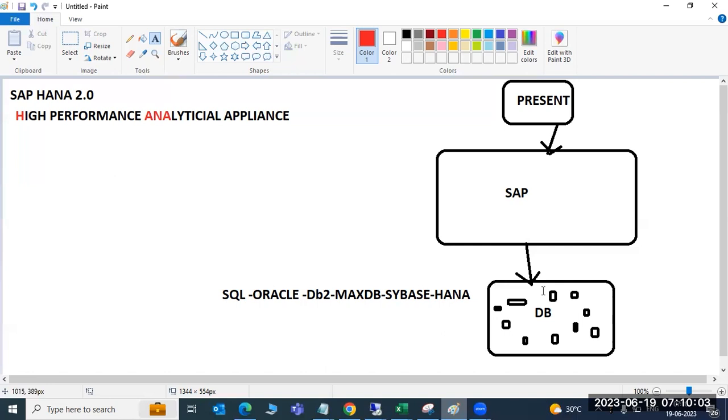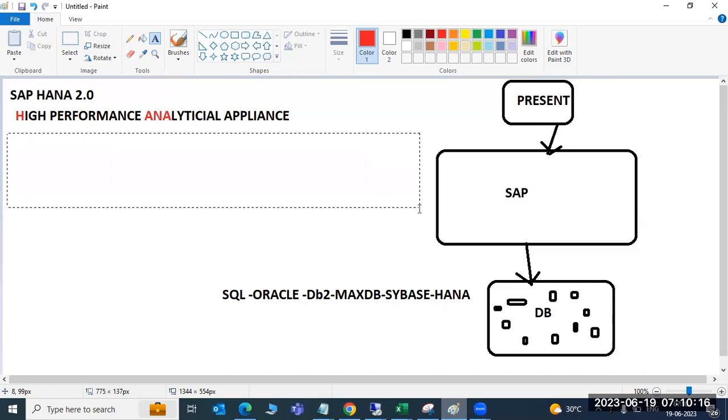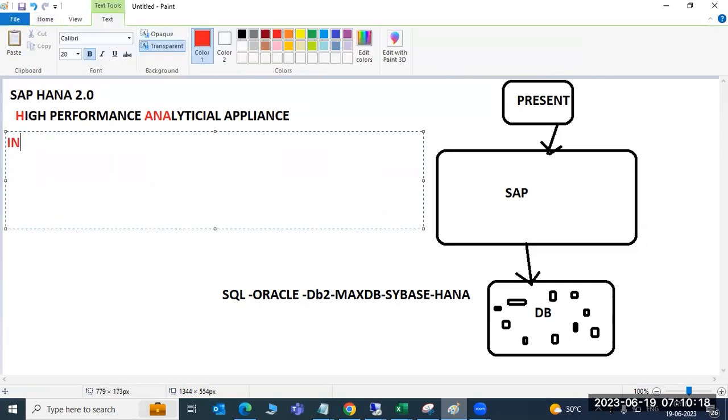So this HANA database, especially the functionality, is the in-memory concept. In-memory is a new concept, and SAP introduced it into the HANA database. HANA is an in-memory based technology, and column oriented.